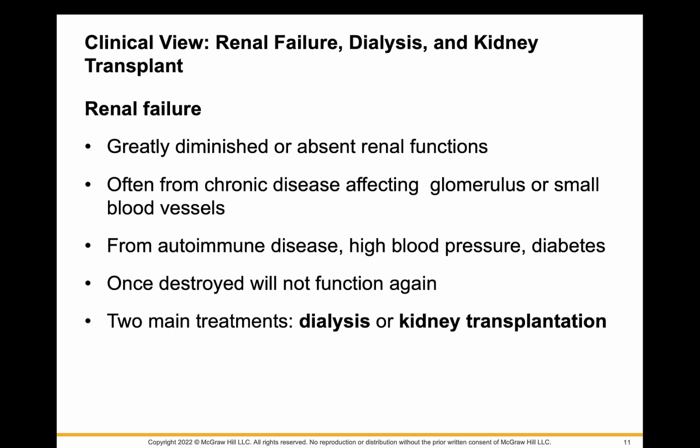One situation could be an autoimmune disease, but what we see more often are going to be high blood pressure and diabetes. The thing to remember, once parts of the kidney are destroyed, they will not function again. And when it gets to that point, there are only two main treatments. One is going to be dialysis, and the other is actually going to be a kidney transplant.